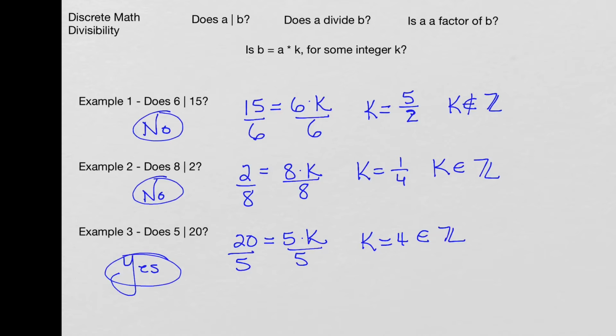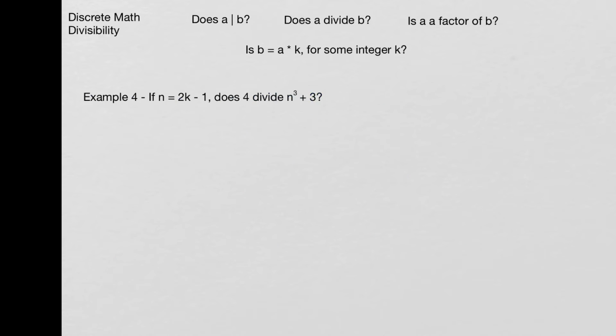Now let's look at some problems with variables in them. This problem asks, if n is equal to 2k minus 1, does 4 divide n cubed plus 3? In order to solve this type of problem, I'm going to figure out what n cubed plus 3 is in terms of k.